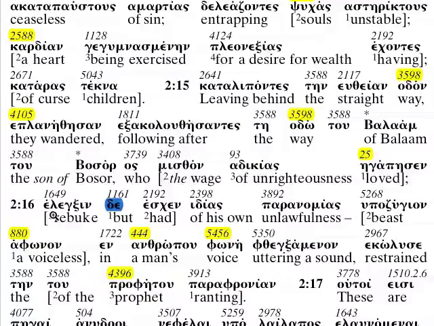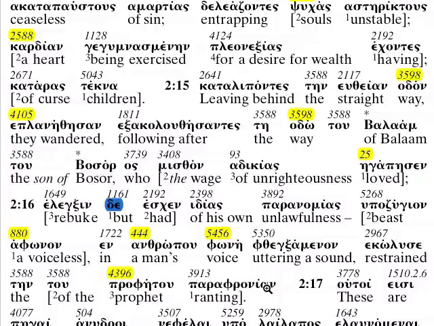Eklexin they esken, idias paranomias, hypozygion aphonon, anthropophony, phthengxamenon, ekolise, tin to prophetu paraphronian. But he had rebuke of his own unlawfulness.